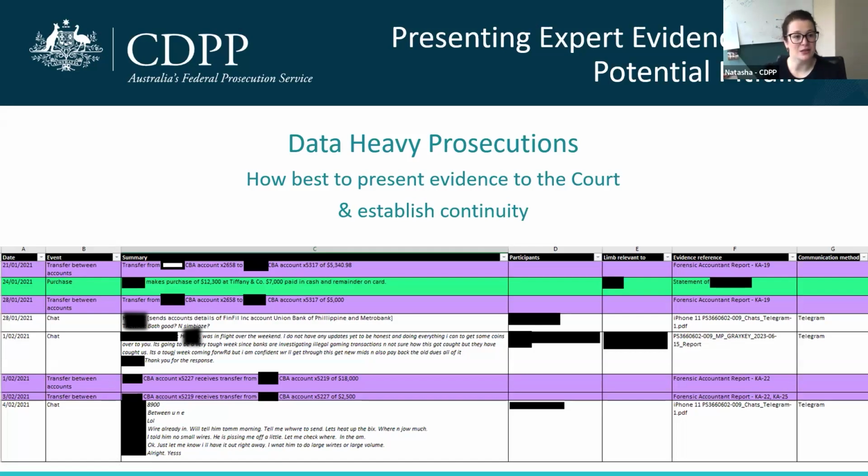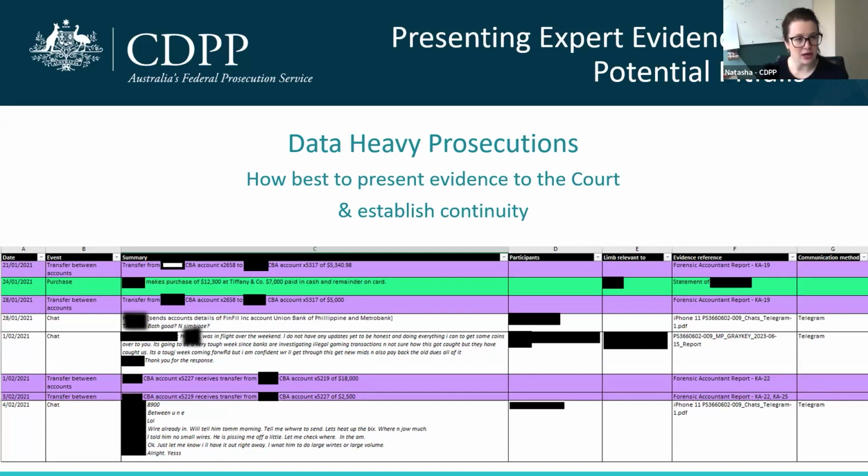Tying that back to the continuity that we discussed earlier, you then may need the expert or the witness to set out how they came about producing that table, or how the data in your table has been analysed. For example, did they do keyword searches? What keywords did they search?